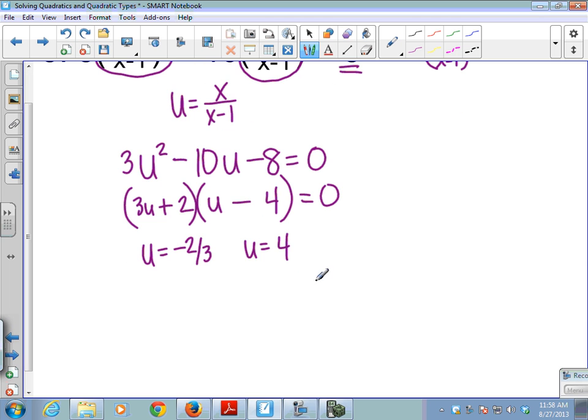Now, we don't want to solve for u. We've got to plug back in what we let u be. So I'm going to plug this fraction back in right here. So this is going to be x over x minus 1 equals -2/3, and x over x minus 1 equals 4. And I'm going to stick that 4 over 1.